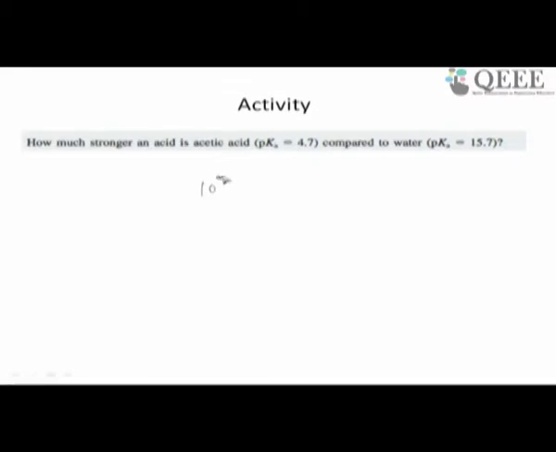So you can say acetic acid is 10 power 9 times stronger than water, because the dissociation of acetic acid is of the order of 10 power minus 5, while for water it is around 10 power minus 16. So the order difference is 10 power 9, and you can say that acetic acid is 10 power 9 times stronger than water.